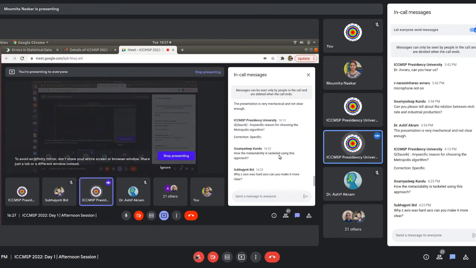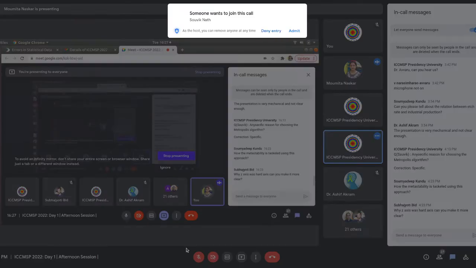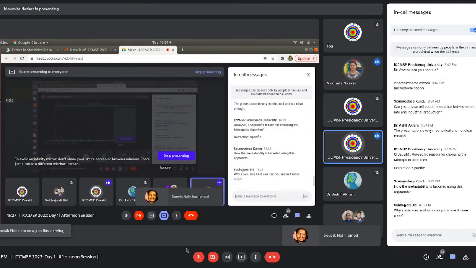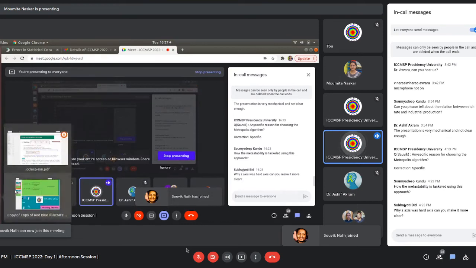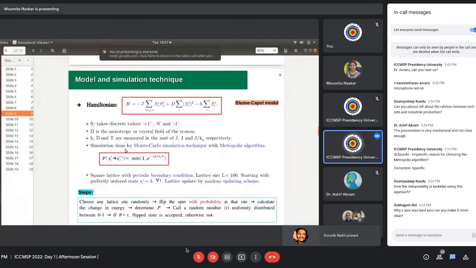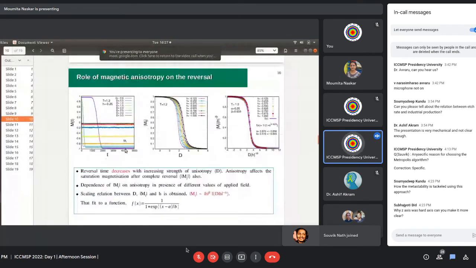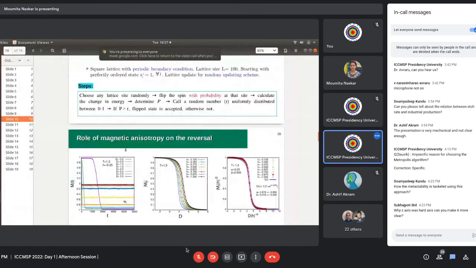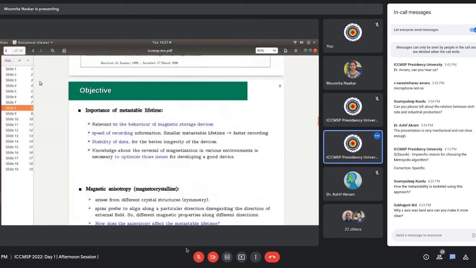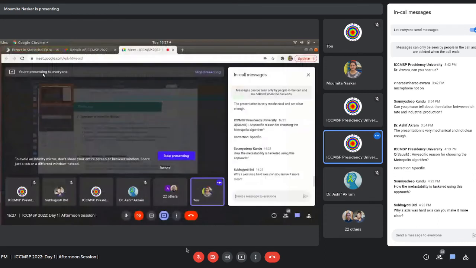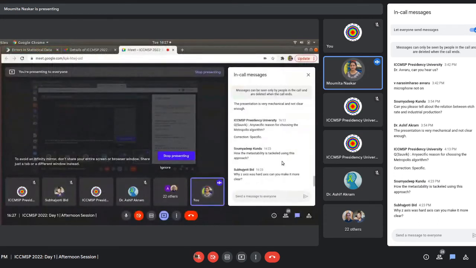The plot that is generated, when the Metropolis algorithm is applied to the metastable behavior of that ferromagnet. I think he is referring to that point. Let me check the question. How is the metastability tackled using this approach?